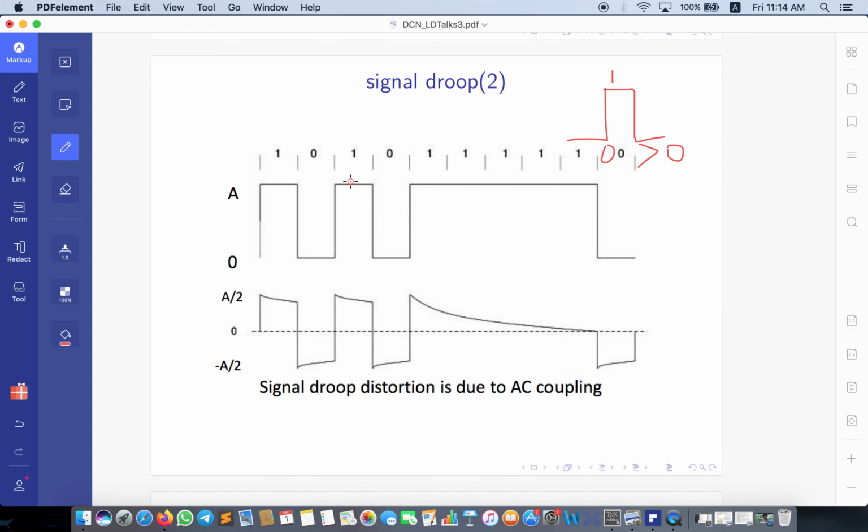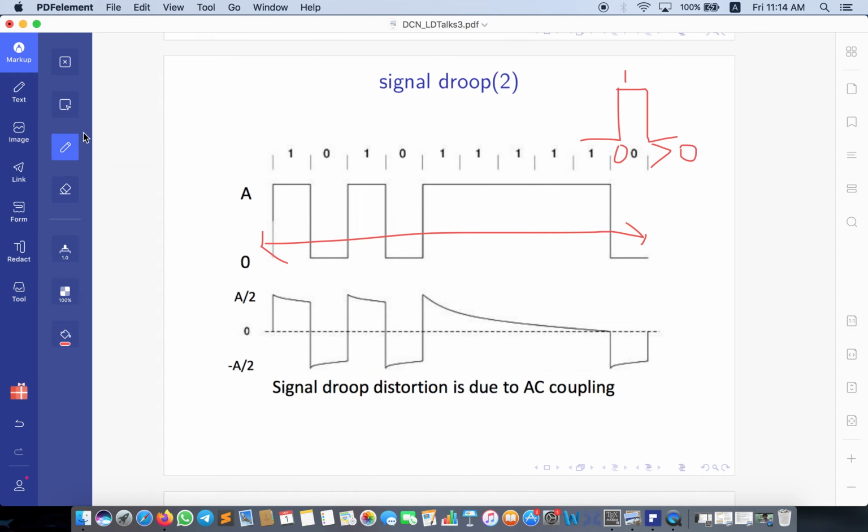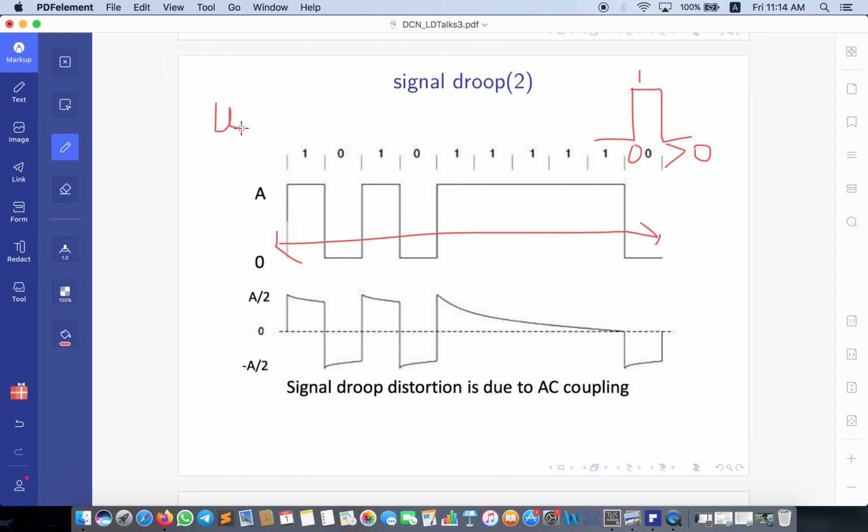So here you can see the entire spectrum. If I represent this one signal with U(t), and if I want to calculate the entire signal, that is represented by S(t).